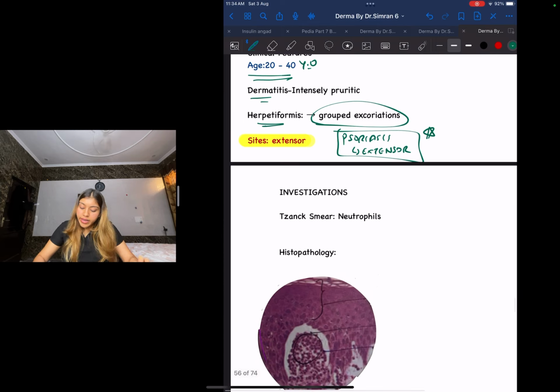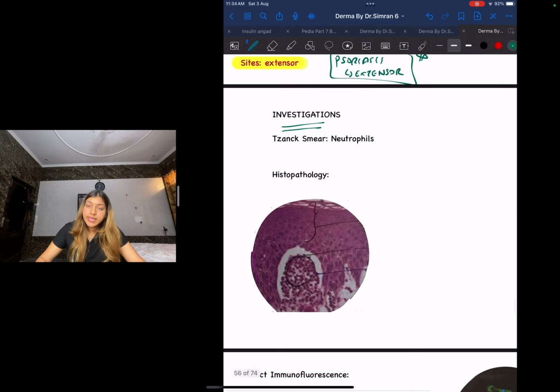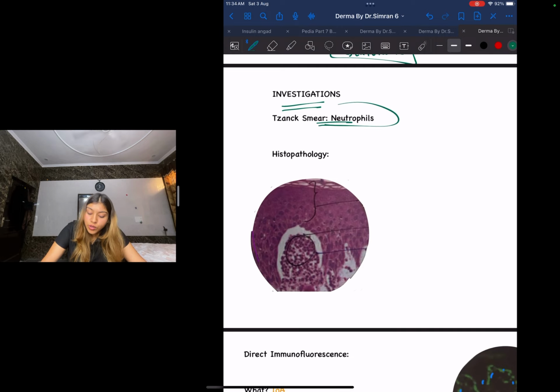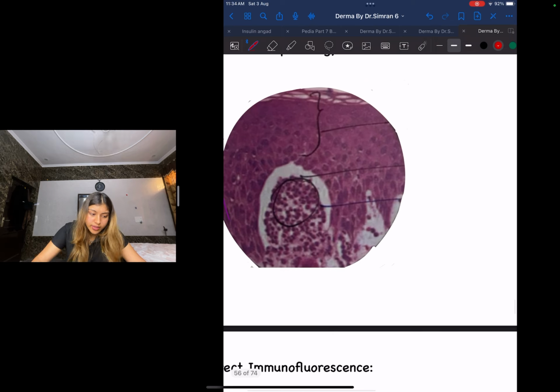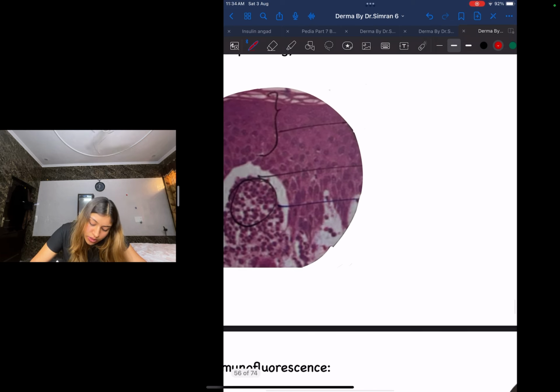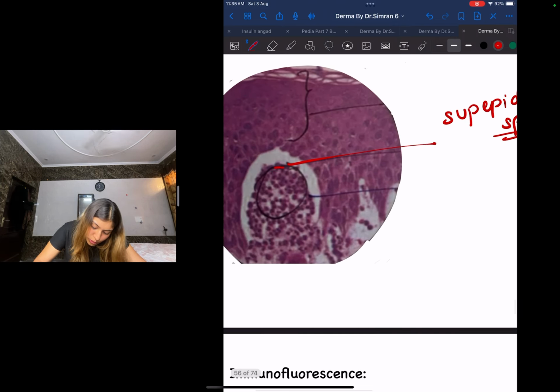Now guys, in investigation for dermatitis herpetiformis, the cells are going to be neutrophils. Now, let us look at this. See, guys, this white space over here is going to be a subepidermal split. And what is this group? You can see these multiple cells over here. Very good.